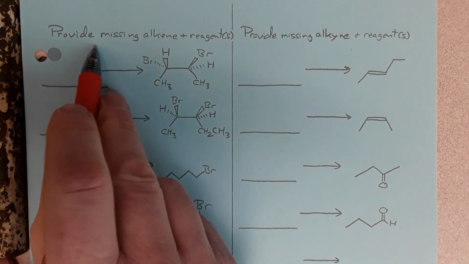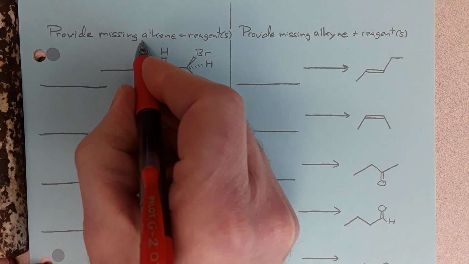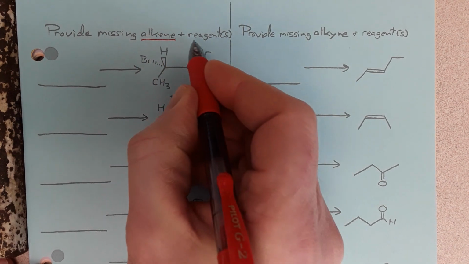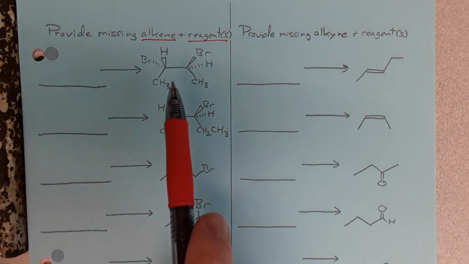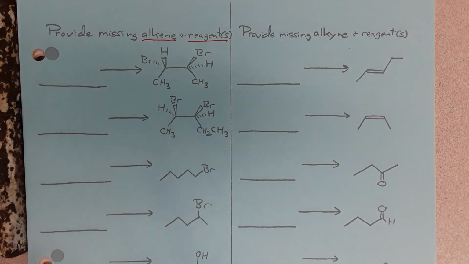And so this first column says provide the missing alkene and the reagents to come up with this final product. So you're being told to work backwards to a specific functional group. So you're already given the functional group. What you have to come up with is the appropriate reagents, and then you need to think about, as we always did first semester, the stereochemistry and the regiochemistry that's involved in the reaction.